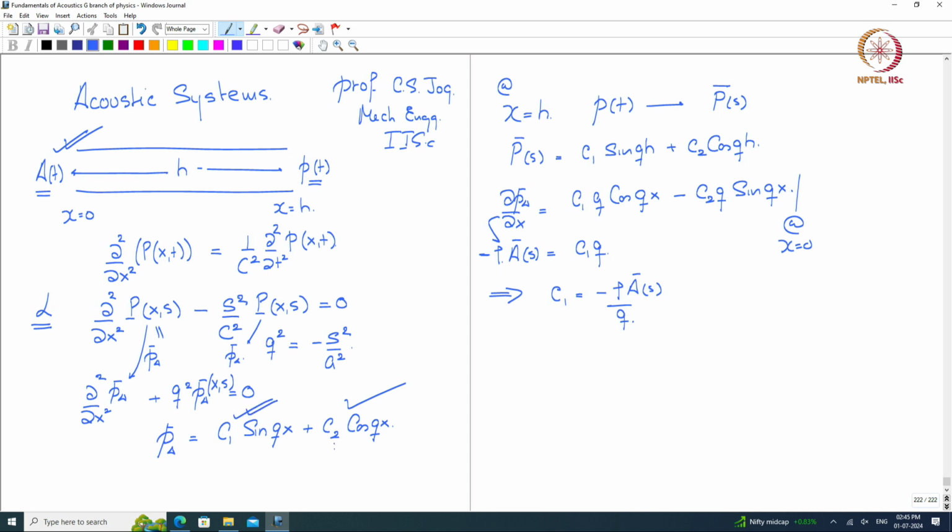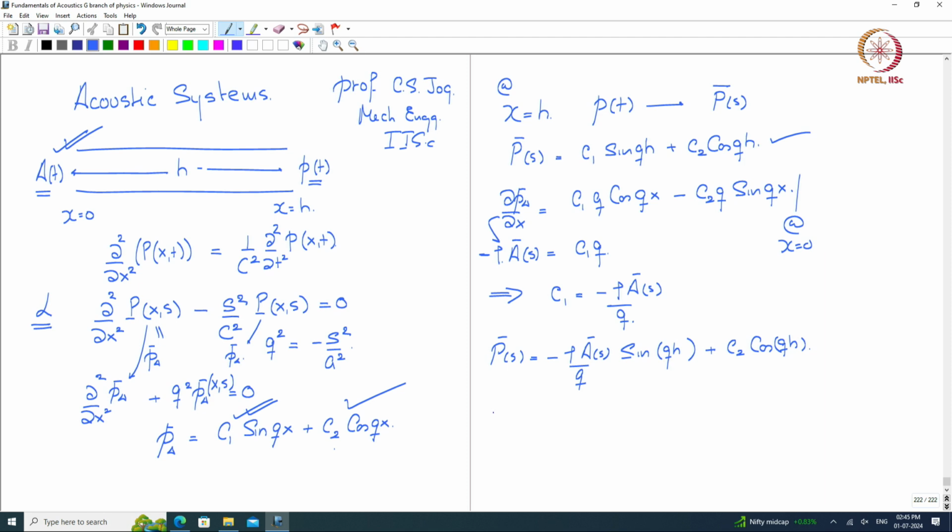I need c2. Okay, what would c2 be now? Using this, p bar of s is equal to minus rho a bar of s by q sin qh plus c2 cos qh.